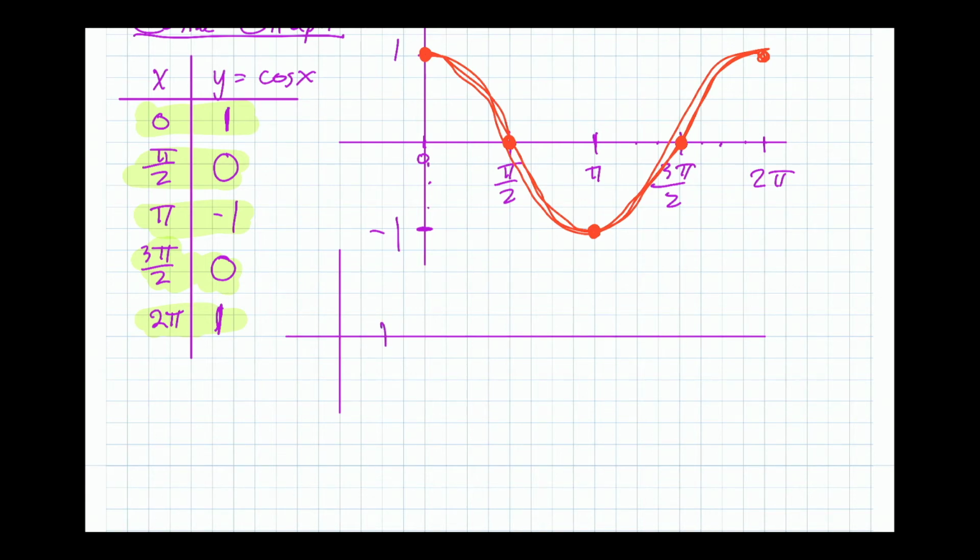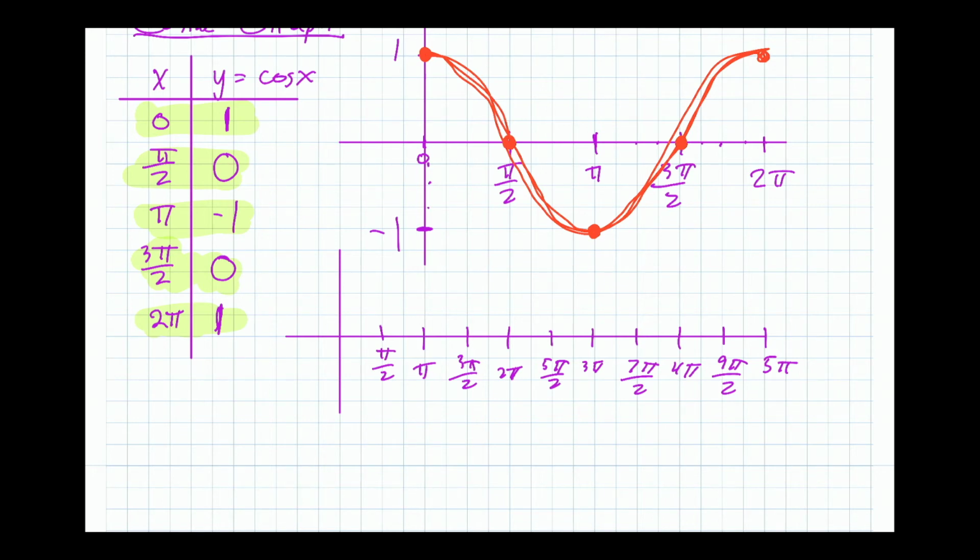So let's go pi over 2, pi, 3 pi over 2, 2 pi, 5 pi over 2, 3 pi, 7 pi over 2, 4 pi, 9 pi over 2, 5 pi. And so the pattern's just going to repeat itself.